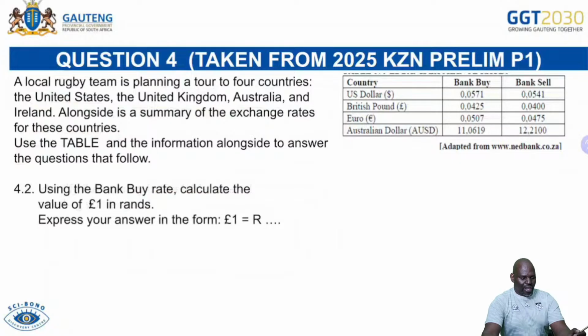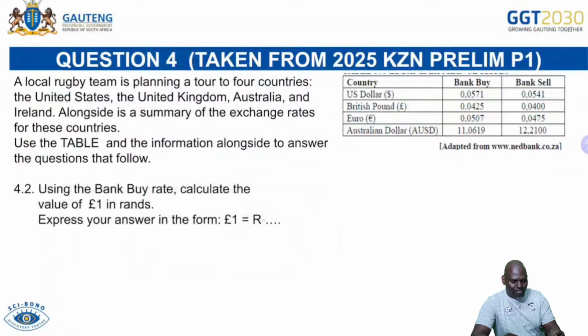Okay, then the next one is using the bank buy rate to calculate the value of 1 British pound in rands. Express your answer in the form 1 British pound is equal to how many rands?